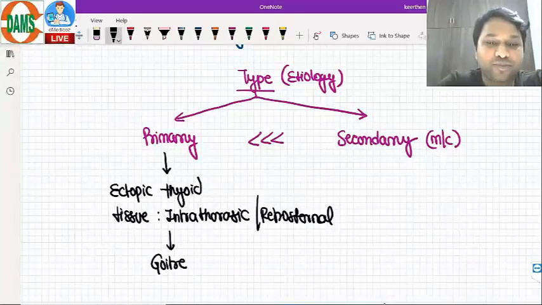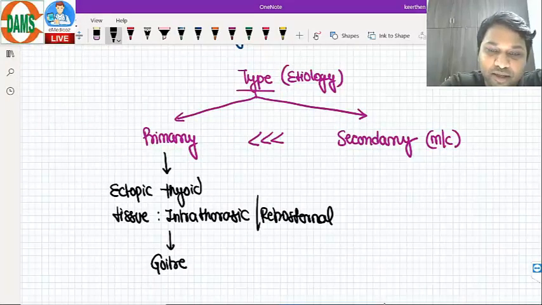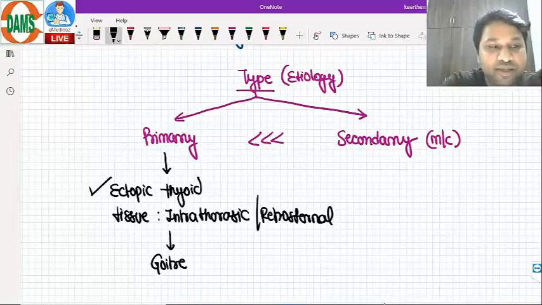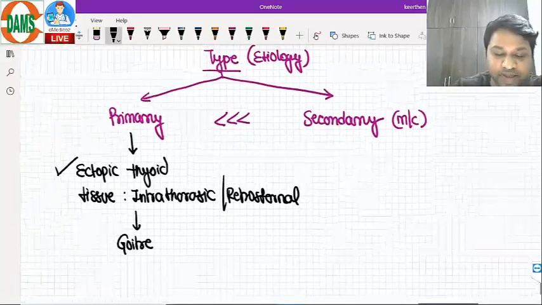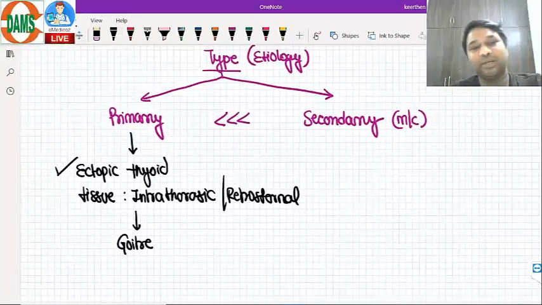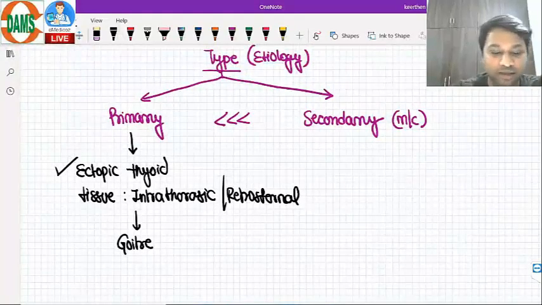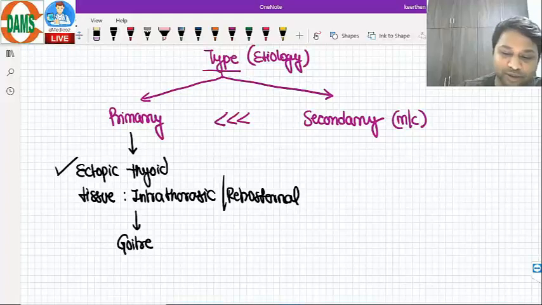This is referred to as primary retrosternal goiter. So congenitally you have an ectopic thyroid tissue present in the intrathoracic or retrosternal region, which has transformed into a goiter. Goiter is nothing but enlargement, and that is called primary retrosternal goiter.